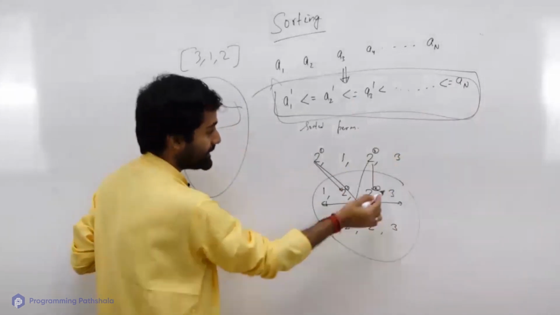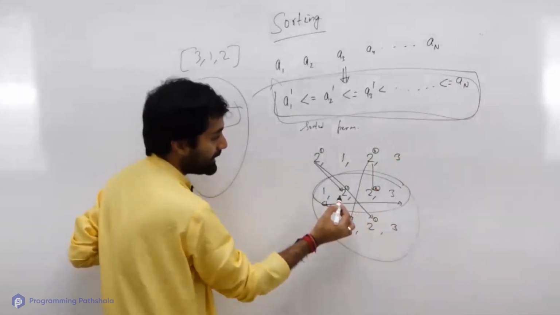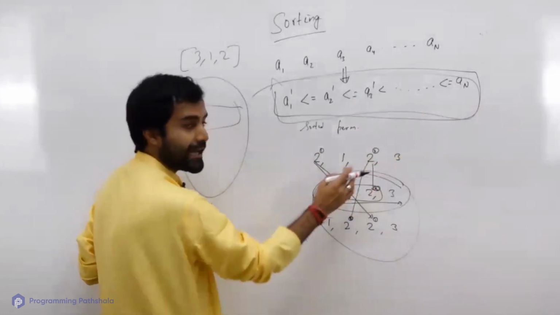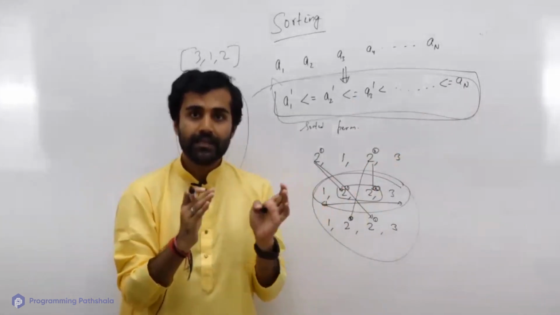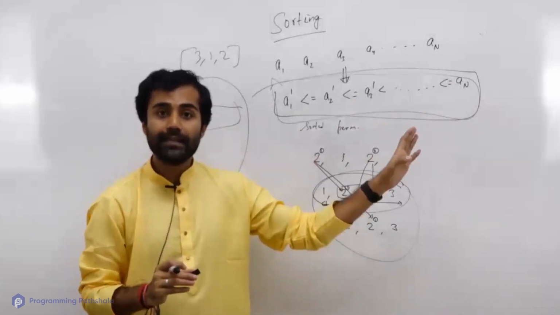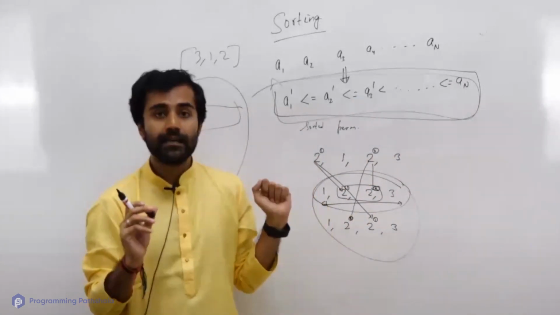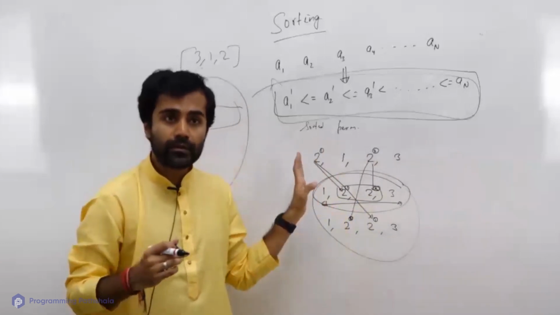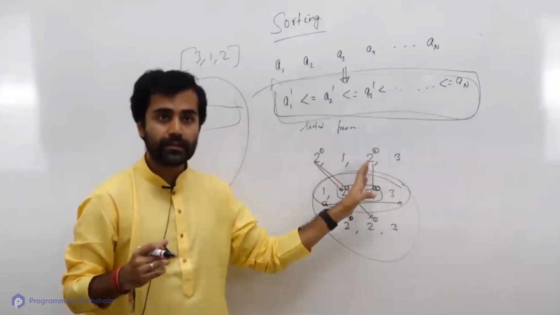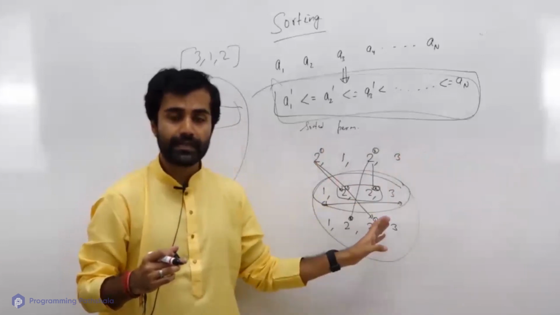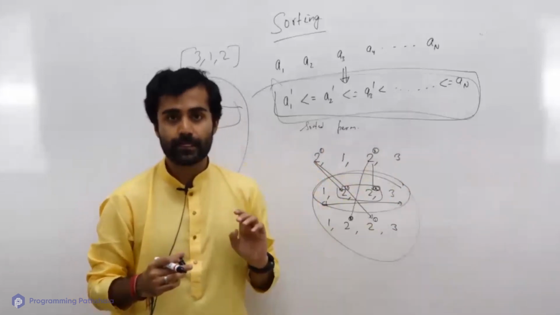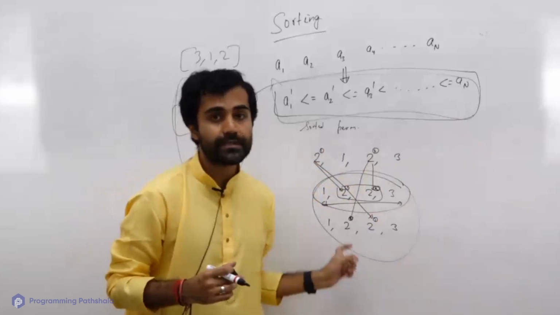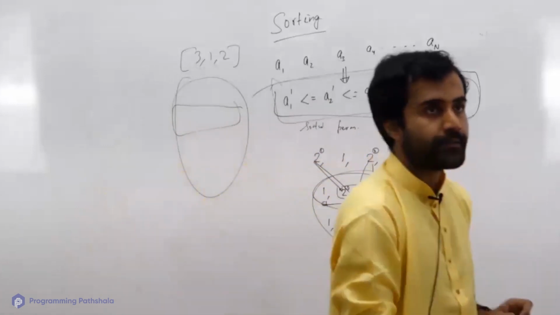So do you see that in this permutation, the relative order of equal elements has been preserved, which means if there are 7 instances of 2, then the first 2 comes first, second 2 comes after that, third 2 comes after that, and the seventh 2 comes at the last. But here that preservation is not done. Do you note this thing?